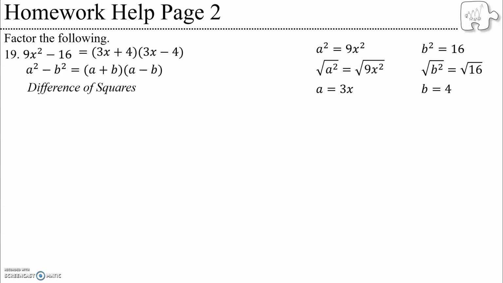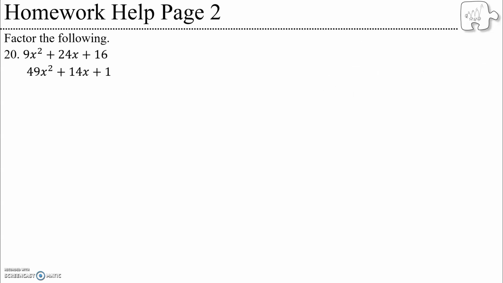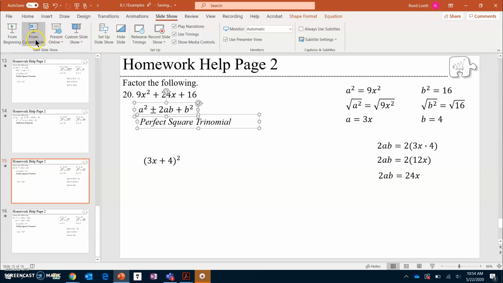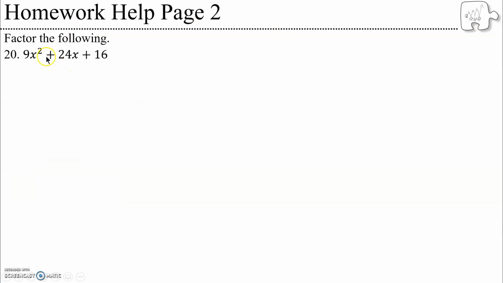So moving on to the next problem, we have 9x squared plus 24x plus 16. We already said that there's no common factor, no number that goes into all of these. We have to check to see if it's a perfect square trinomial. It looks like it because this is a perfect square and this is a perfect square.